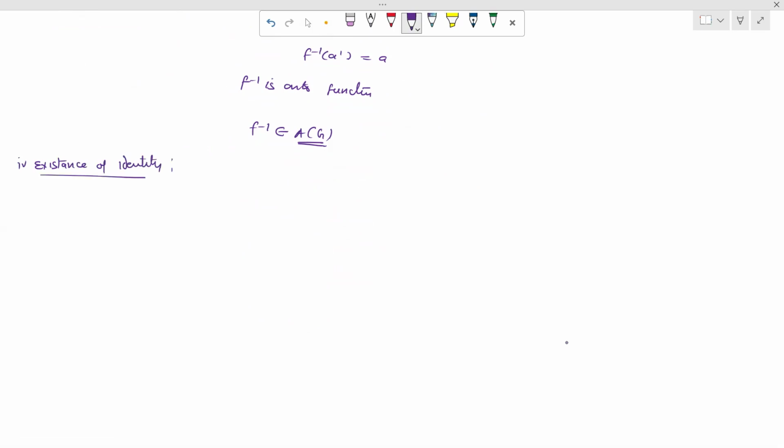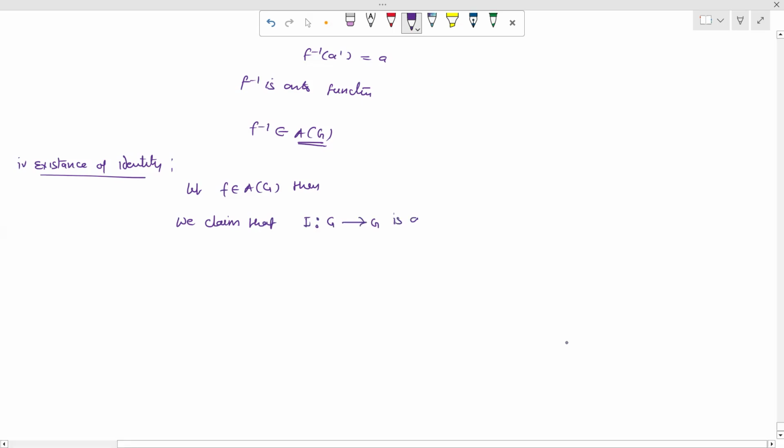For proving the existence of identity, let f belong to AG. Then we claim that I, a function defined from G to G, is 1-1, onto and homomorphism.